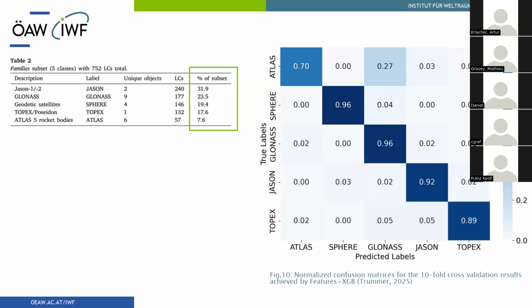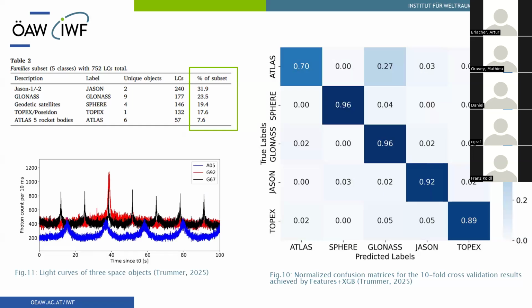So clearly there's something going on. When looking at the class distribution, Atlas is a minority class. Minority classes are always a bit of a problem because they tend to be misclassified a little more. We also see JASON is a majority class, but Atlas has not been classified as JASON. And I think the reason why this happens becomes quite clear when we look at the light curves directly.